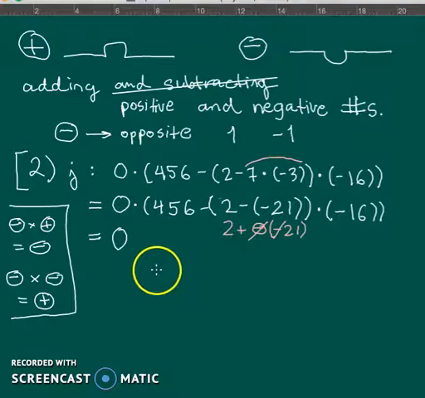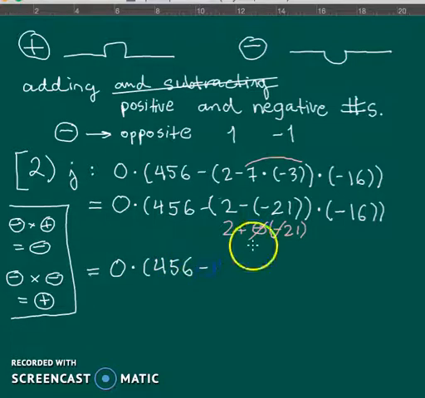So let's rewrite this. I'm just going to erase this so that I have a little bit more room. Okay, so 0 times 456 minus, so what's inside here now? 2 plus 21. 2 plus 21 is 23. I'm going to close that bracket.